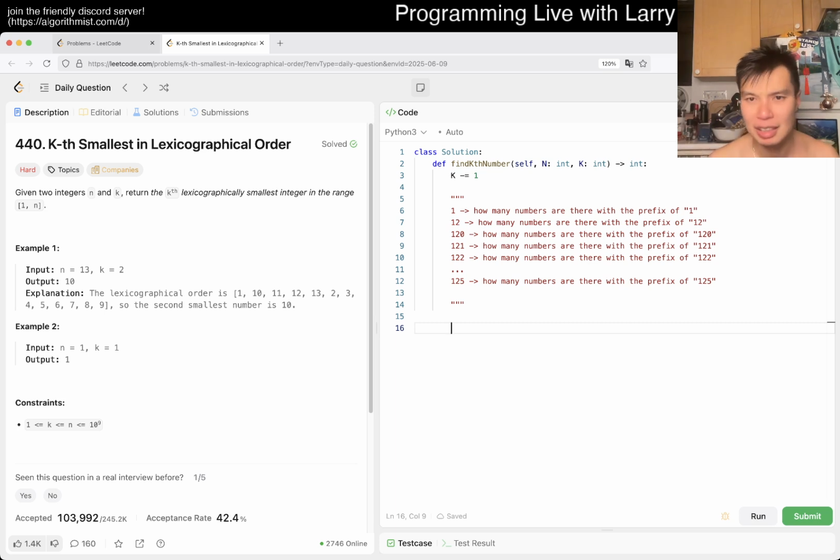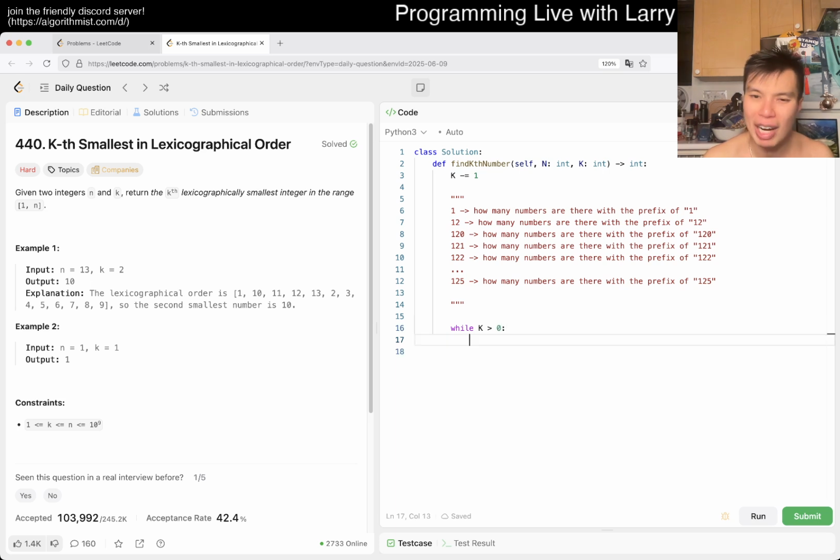I think one thing for these problems is to try not to prematurely optimize, because you might not need to, but we'll see. We could even write while true, because we don't know how many digits there are in the final answer, and maybe we could even say while k is greater than 0, right?